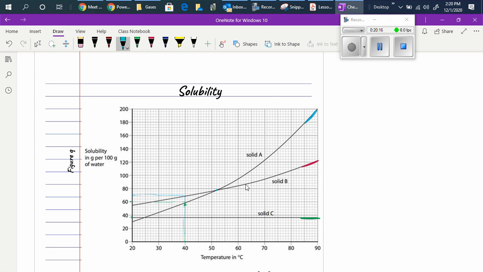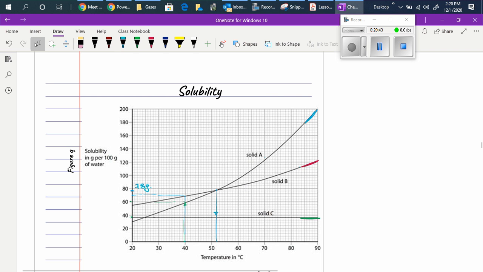You notice that at this point here, which is about 52 degrees, the amount that you can add into 100 grams of water for both A and B is the same, about 78 grams.